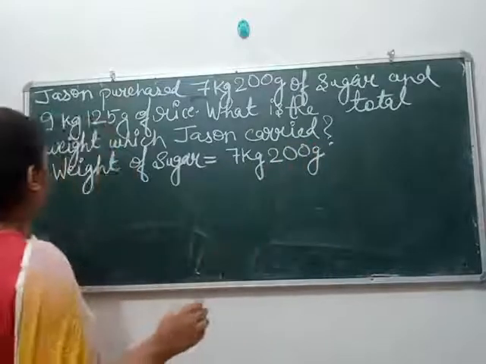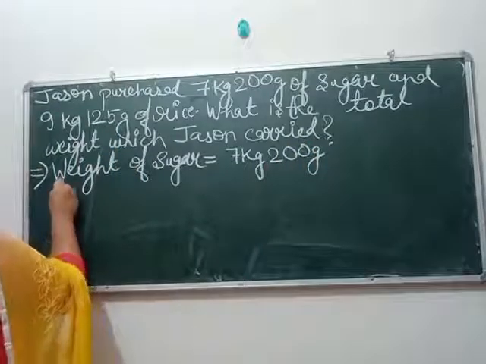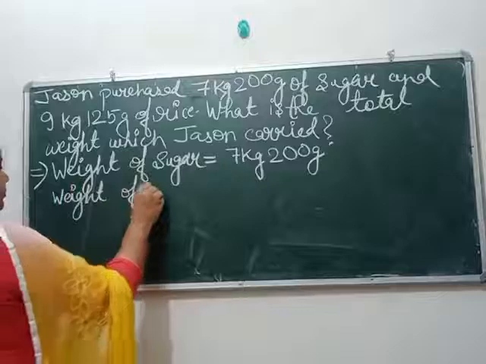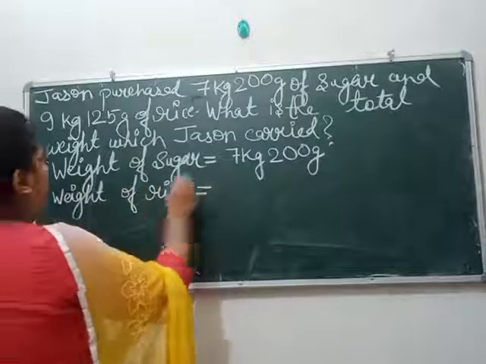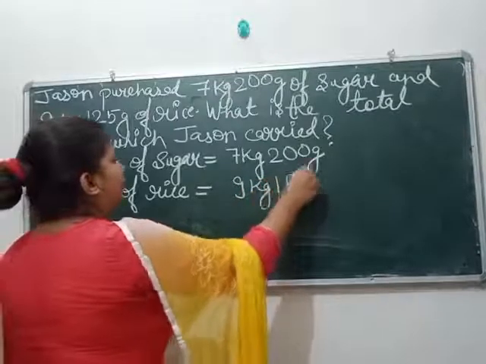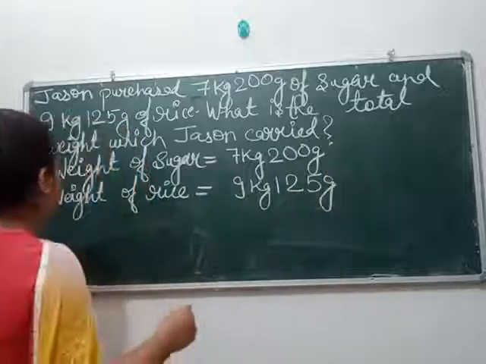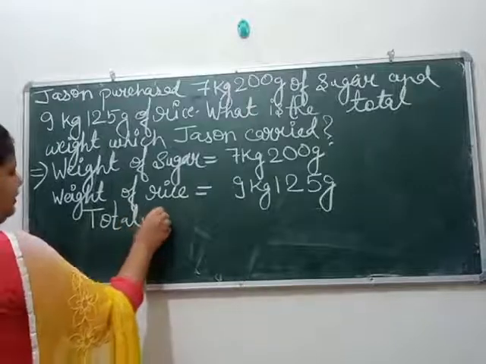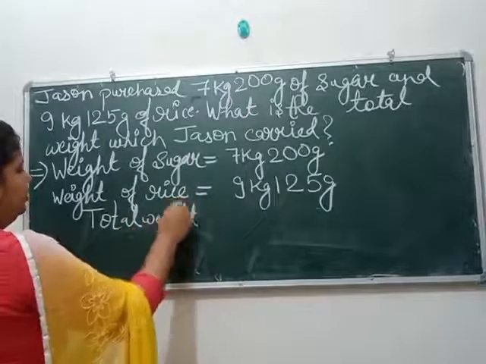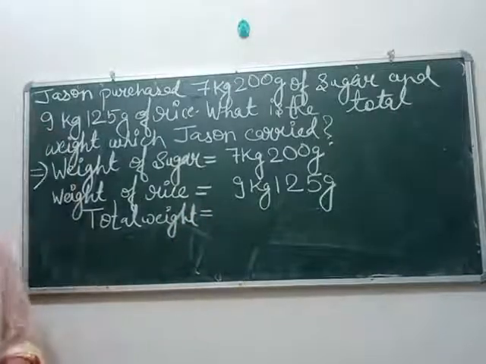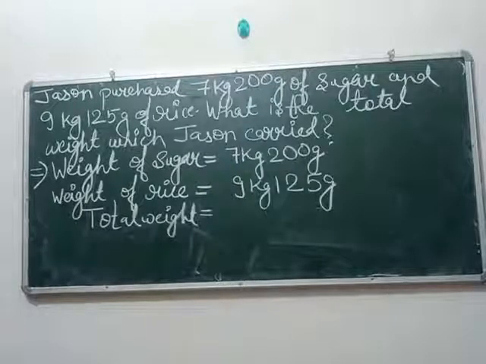Next is weight of rice is 9 kg 125 gram. Next is total weight. Now add them together to find out the total weight. Come on, find out the total weight.